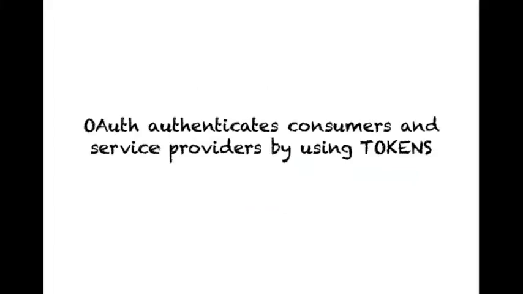OAuth authenticates consumers and service providers by using tokens. So what are these tokens? First is the request token. The request token is the one that is used by the consumer for authorization by the user.